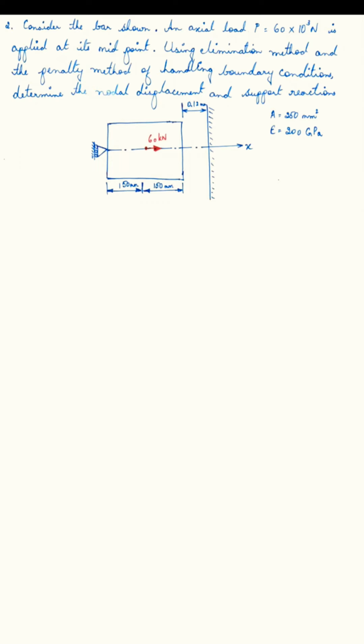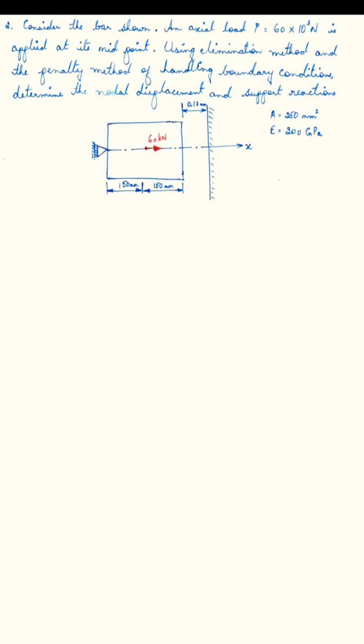The question says use elimination method and penalty method of handling the boundary conditions to determine the nodal displacement and support reactions. Generally, in your examination, they don't ask you to calculate both elimination method and penalty approach method, but the probability of asking any one of the two methods is more.